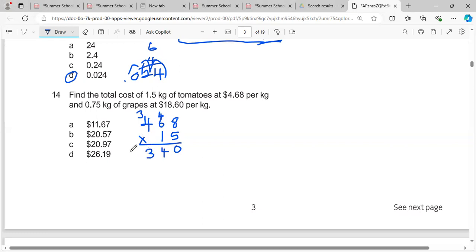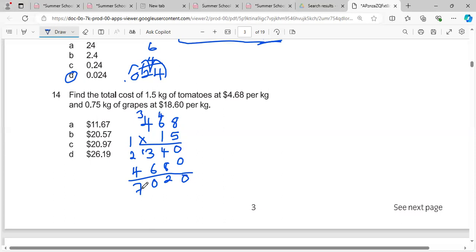So that's the first step, right? Now we're going to be multiplying by 10, so we just put a 0. 1 times 468. Add 0, 4 and 8, 12. 2 carry the 1. 6 and 3, 9 and 1, 10. So 0 carry 1. So this gives us 702.